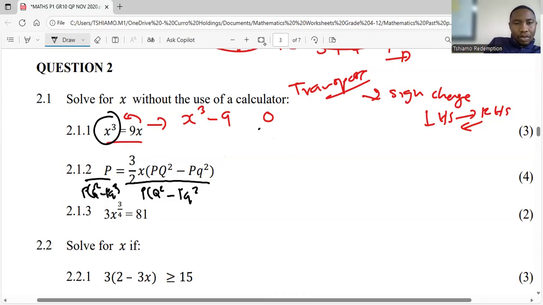So first thing I will have here will be p over p squared minus p, q squared, equals, this cancels this side, equals 3 over 2.